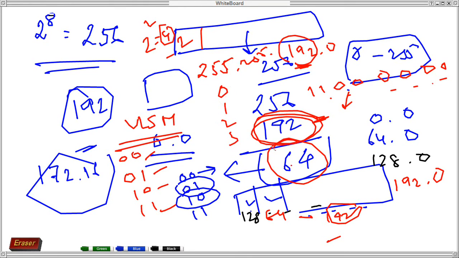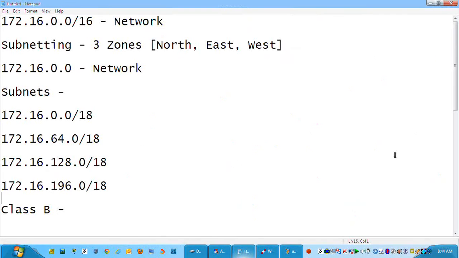So 64 into 0 is 0, 64 into 1 is 64, 64 into 2 is 128, 64 into 3 is 192. That is how I got 4 subnets: 0.0, 64.0, 128.0, 192.0.